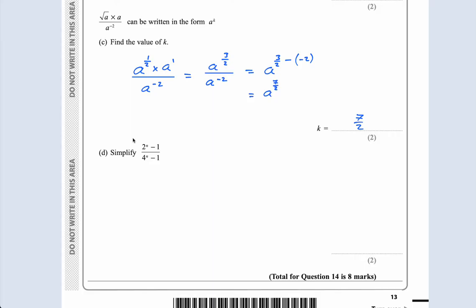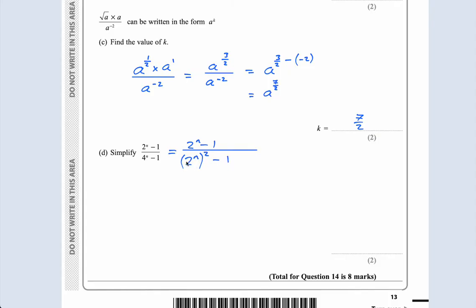Last part of this question, and guys, this bit's hard because it contains a difference of two squares, which is something that students often don't see, and particularly this type, it's hard to even see that this is a difference of two squares. It's very hard to see it. So 4 to the power of n, I can write this as 2 to the power of n squared and then minus 1.